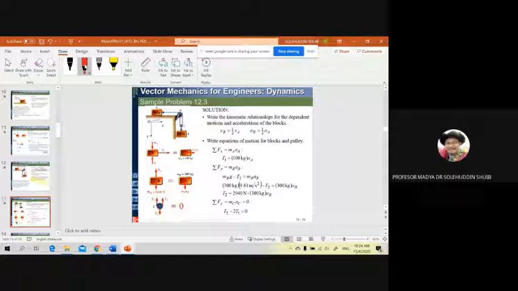To the right is positive and going down is also positive. Start with the datum, and then what we have here is the free body diagram of these two systems, and the relationship for this dependent motion.